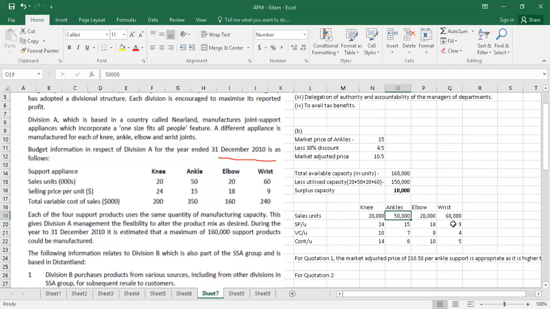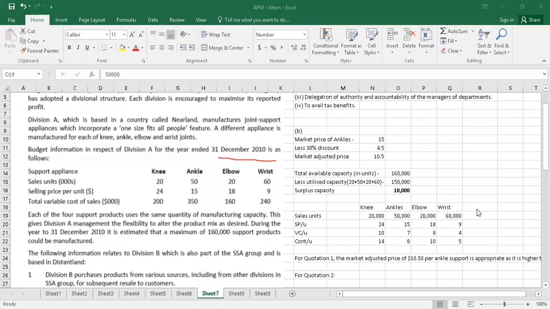Look at this table and tell me, do you have any opinion about that? So now we are left with knee, elbow, wrist.